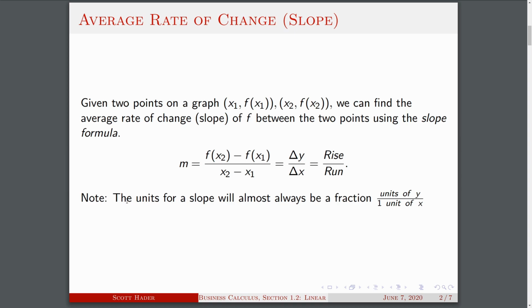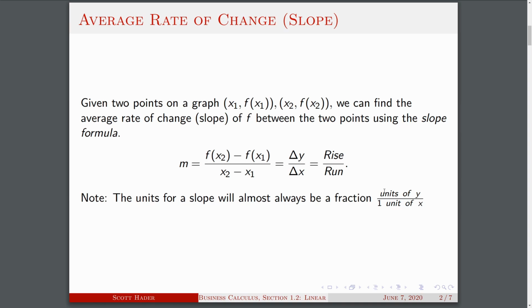And as a note here, you're going to need to assign units for every number that you calculate in this class. Last video we calculated the concentration of carbon dioxide in the air, so the units in that case would be parts per million. Well, for a slope, the units will always be a fraction.